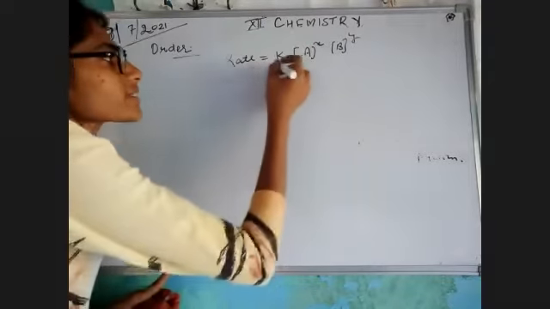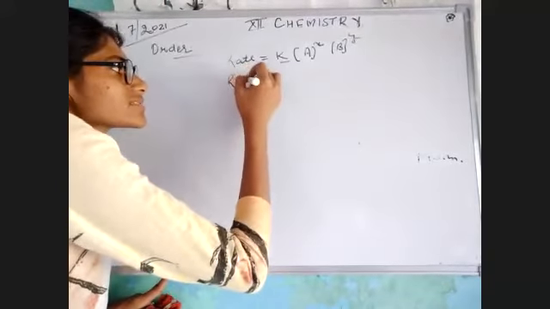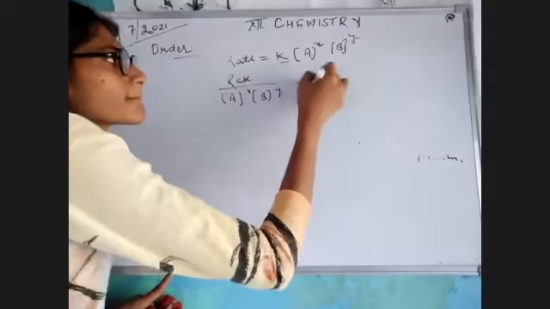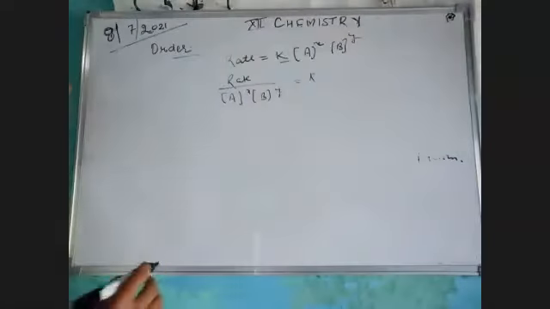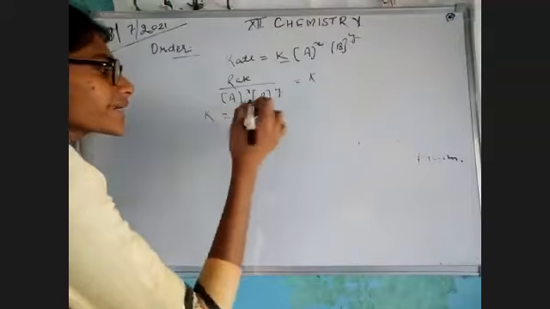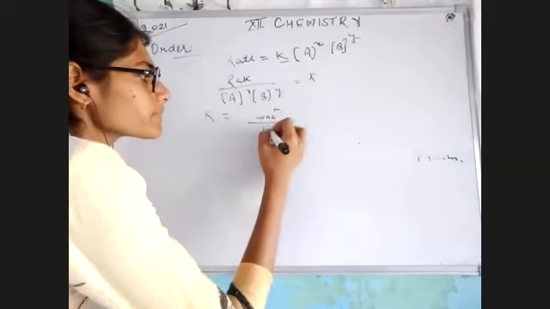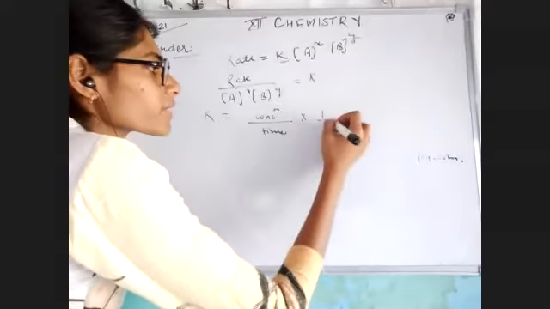Now the point here is, if I have to calculate the unit of k, that is the rate constant, it could be like this. As we know already, the unit of rate is concentration per unit time, and 1 by concentration.